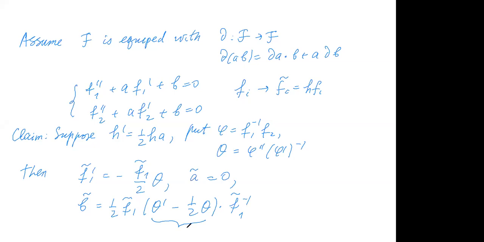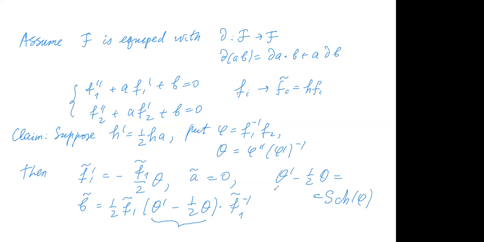Yeah, so the purpose of this was to make the observation that theta prime minus 1/2 theta is actually equal to the Schwartz derivative of phi. I think in the classical case, when you work in classical differential equations, this is called, well, Volodya, do you know how this is called in the classical case?